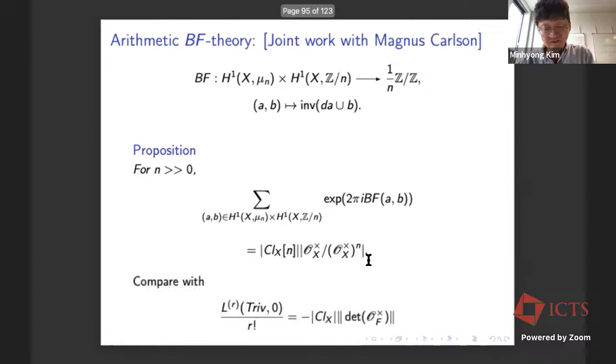So it's suggestive to compare it with this kind of class number formula. Of course, it's much easier than the class number formula, but I claim that it is still rather suggestive. So the previous integral or sum for the Chern-Simons case gave you the square root of the class number. Here you get the class number itself.